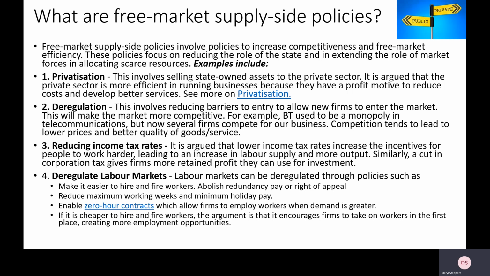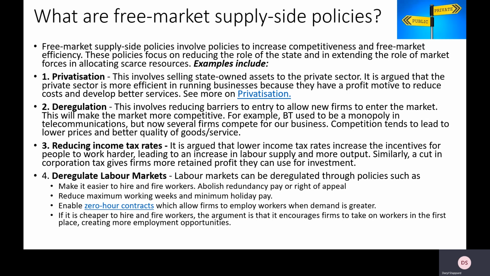They haven't got to worry about investing, and they become quite lazy and bone idle. So what deregulation would do is to try to remove obstacles to competition and make it easy for new rival firms to set up and compete against them. So it's encouraging more enterprise, which is more investment, more businesses, more creativity. And it now means that BT have got to work harder, become more productive, etc., to keep hold of their consumers.